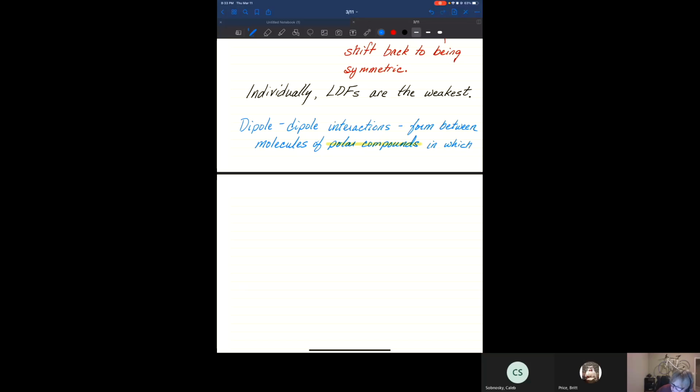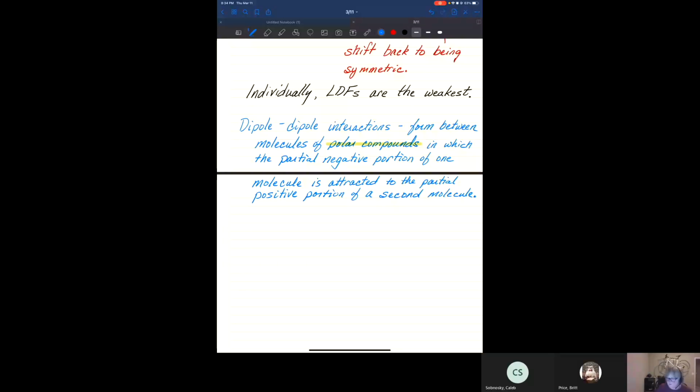So what happens is the partial negative portion of one molecule is attracted to the partial positive portion of a second molecule.